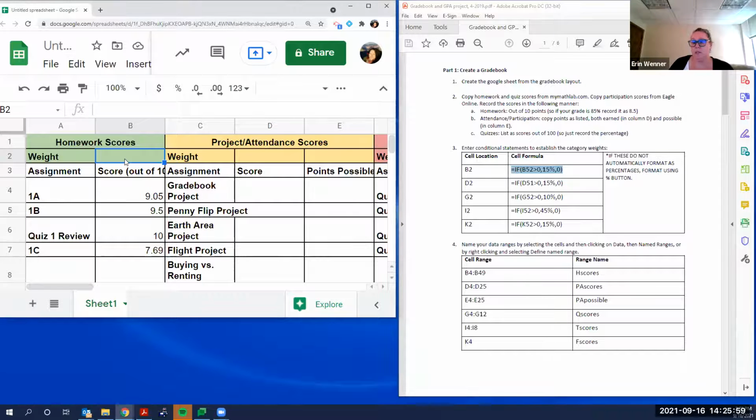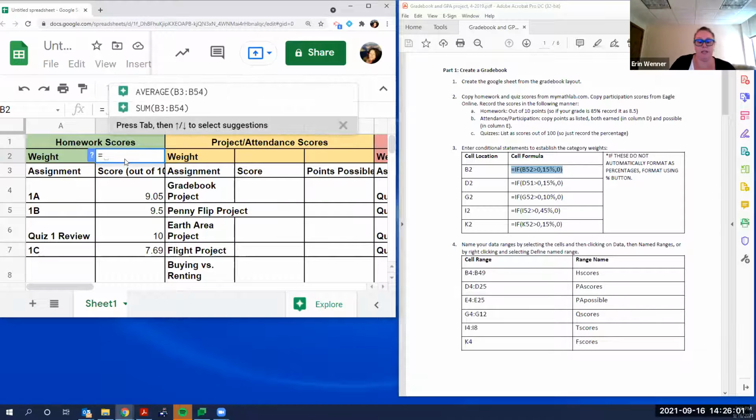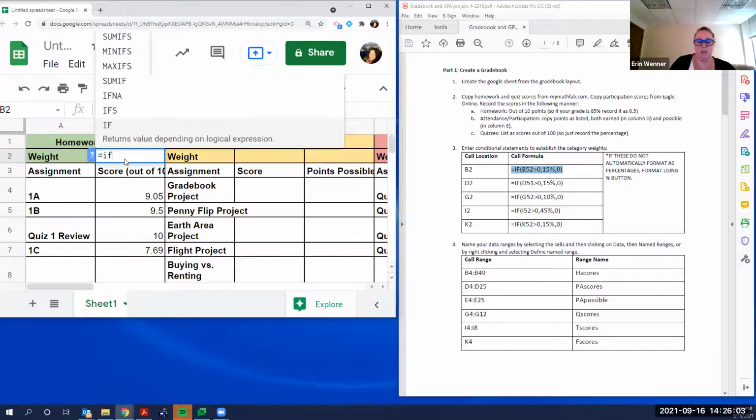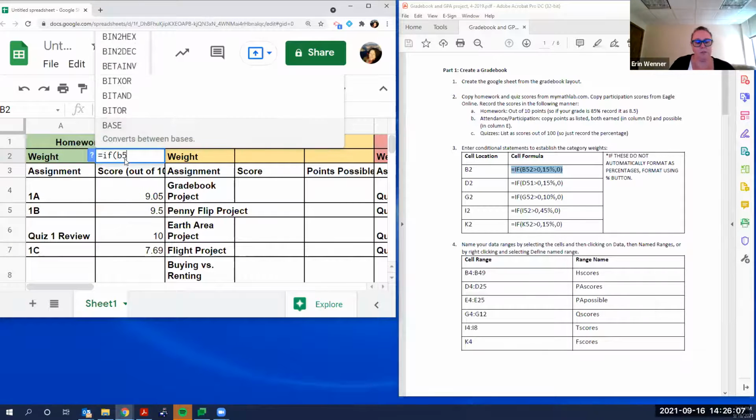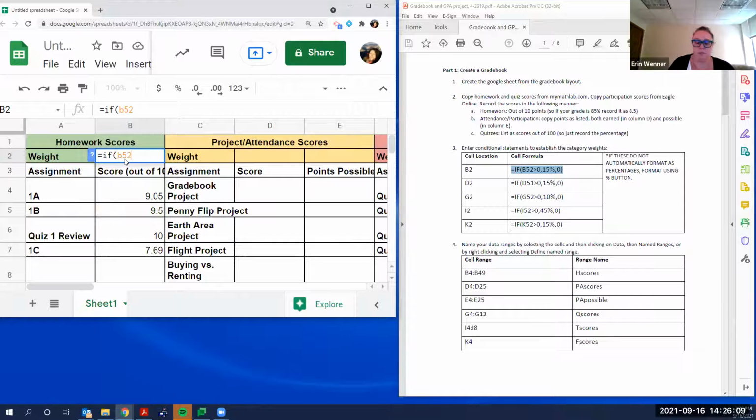So in B2, I'm going to do equals IF, and then a parenthesis, B52 is greater than 0, comma 15%, comma 0. So what this is doing is it's establishing the weight for each grade category.